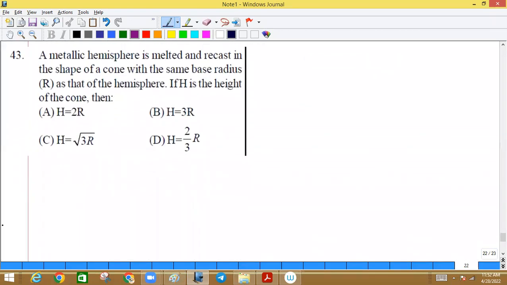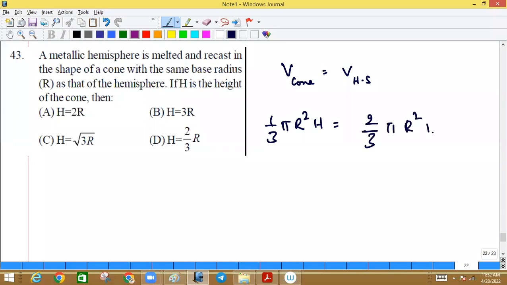A metallic hemisphere is melted and recast in the shape of a cone with the same base radius as that of the hemisphere. You're melting a hemisphere, you're forming a cone. So volume of cone is equal to volume of hemisphere. Volume of cone is 1/3 of pi r square h, equal to volume of hemisphere, 2/3 of pi r cube.